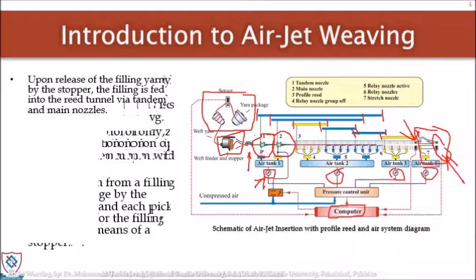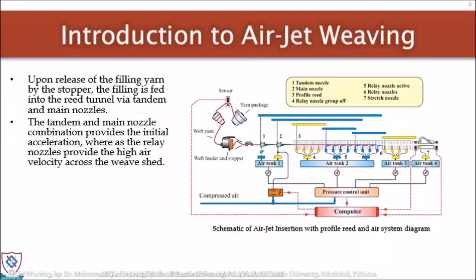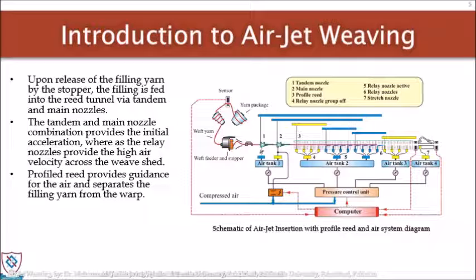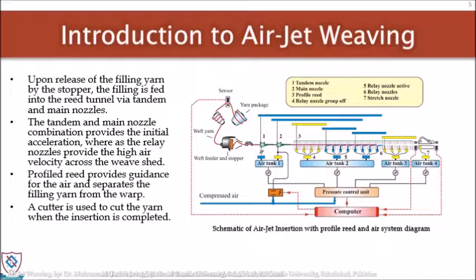In the previous slide, I have already explained the air jet weft insertion. For the sake of this slide, I will just mention again what we discussed in the previous slide. I will continue from there. We already see that the filling yarn, we see that this is the stopper over here.